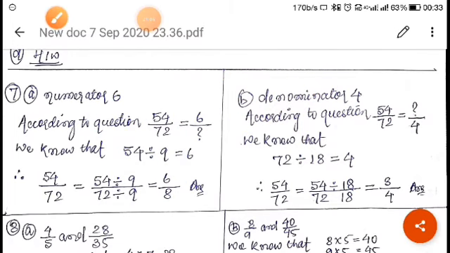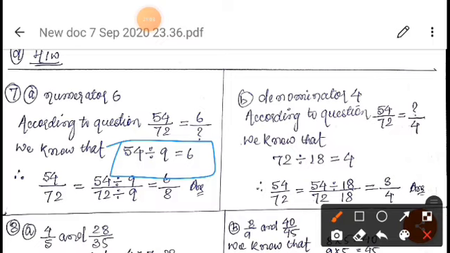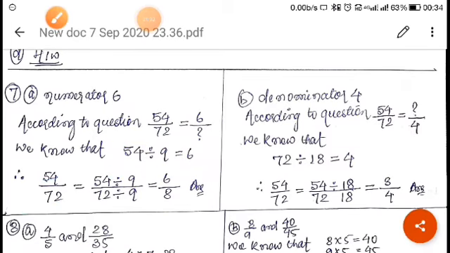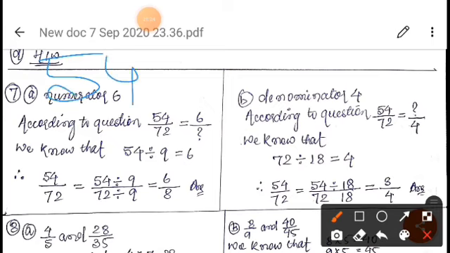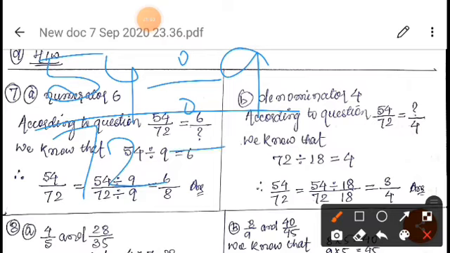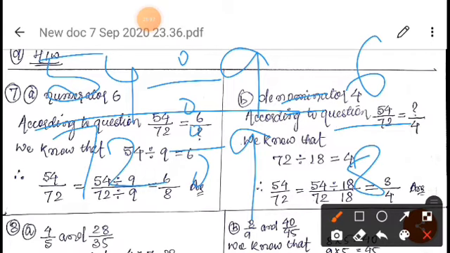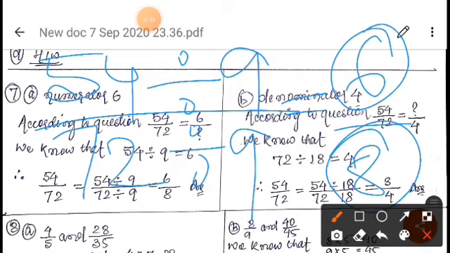This means we have to divide both 54 and 72 by 9. So we write 54 divided by 9 by 72 divided by 9, and we get 6 by 8. The numerator is 6 and the denominator is 8.